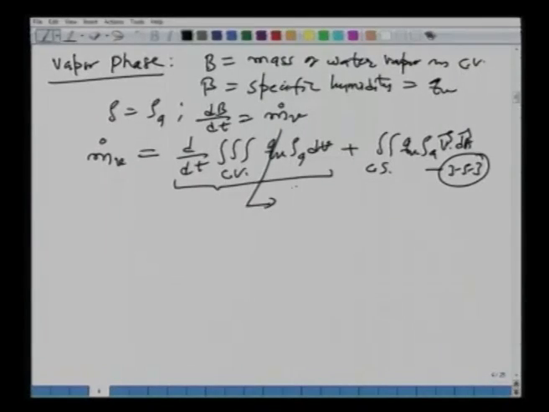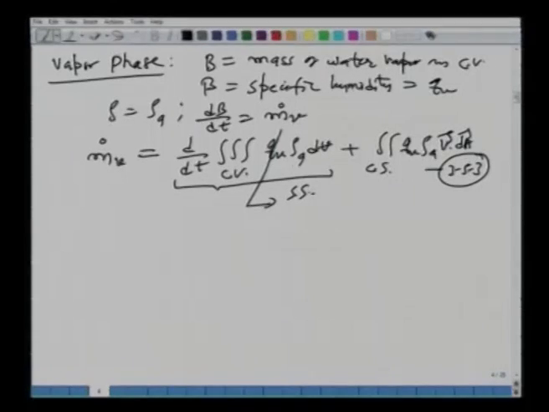So, time rate of change of the mass of the vapor within the control volume. Is it changing? No. Why? Because we have said that it is a steady state process. Remember, the assumption was that the transport of water vapor is a steady state process. So, because we have assumed this to be steady state, the first term on the right hand side is going to be equal to 0, because there is no accumulation of water vapor in your control volume.